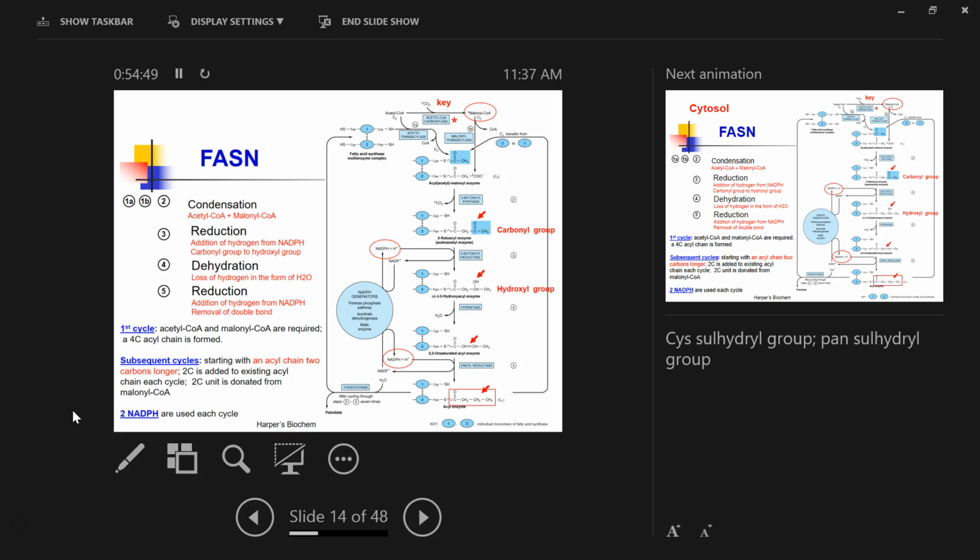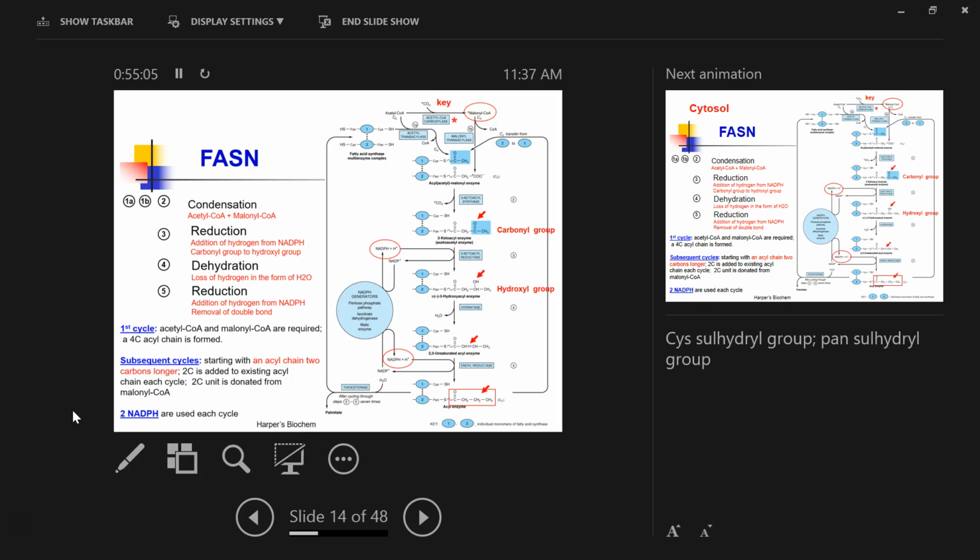So first, this is the first reaction, the key reaction we already talked about. Acetyl-CoA is converted to malonyl-CoA by ACC, the key enzyme. This is a key reaction.